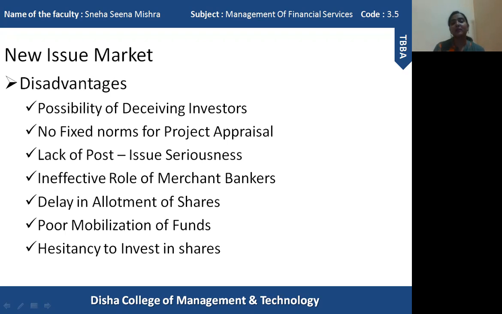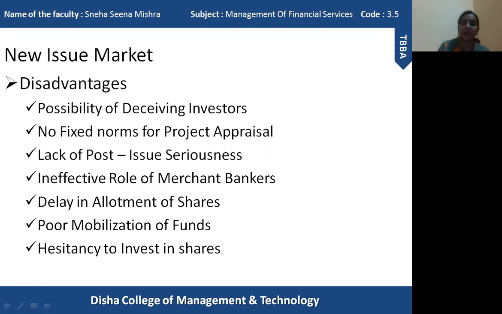If that role is not played properly by the merchant bankers, many investors would definitely feel cheated, because they may have invested in securities which are not feasible, not practical, and not technically possible in such a situation, which may cause many problems in future.